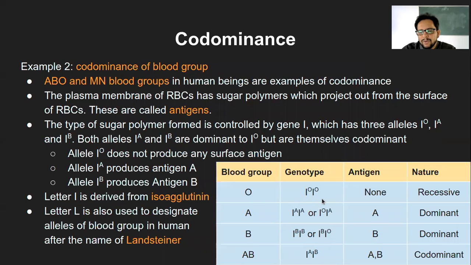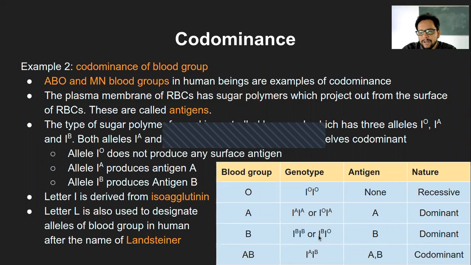The genotype for O is homozygous for IO. For blood group A, it can be homozygous for IA, or heterozygous for IA and IO. Here A being dominant, it will express the A antigen, and so the individual has A blood group. In blood group B, it can either be homozygous for IB, or heterozygous for IB and IO.